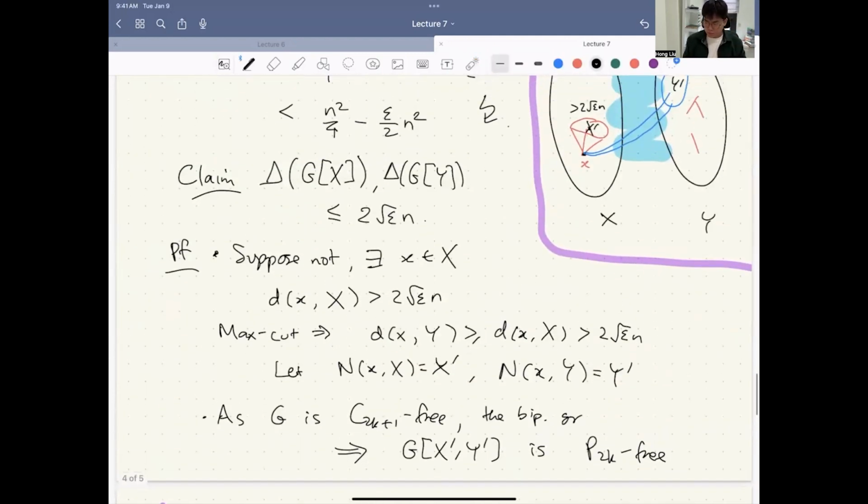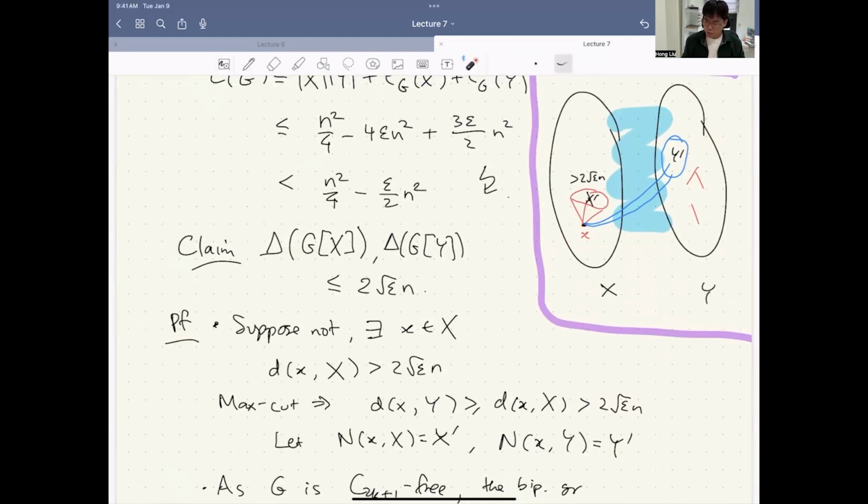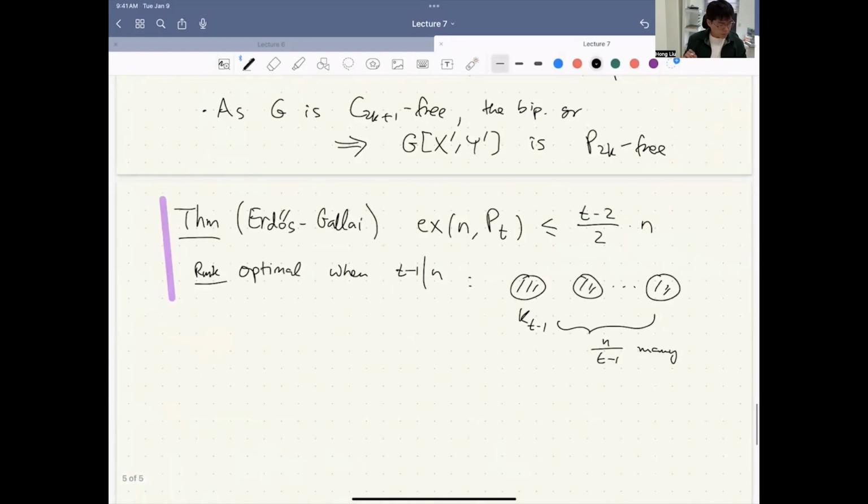So now let's count the total number of edges in G. So E of G is at most, well, there's inner edges. So let's write the inner edges first: 3 epsilon n squared over 2. This is the E(G[X]) plus E(G[Y]).